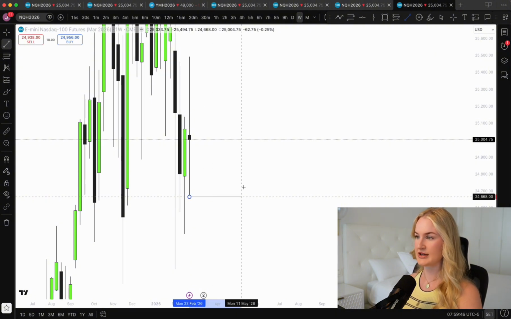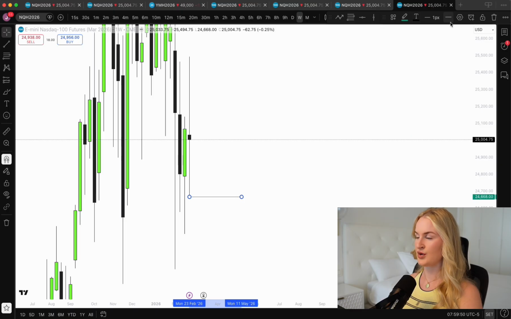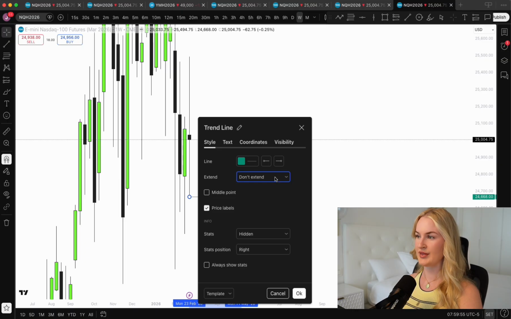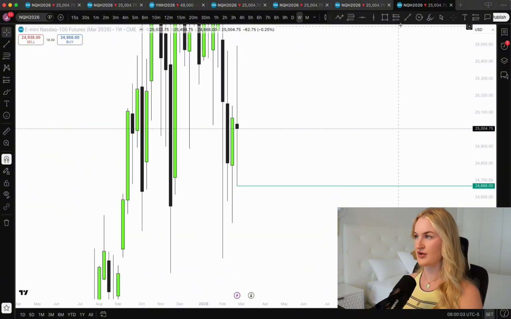So let's do that actually. I always have my key levels in the same colors so that I know when I'm on the lower time frame what the key levels are. So you pick and choose your colors. I have my colors already.